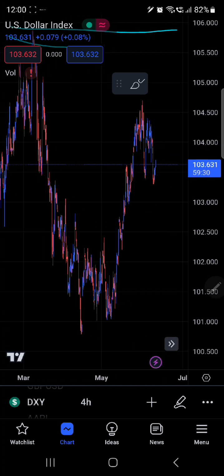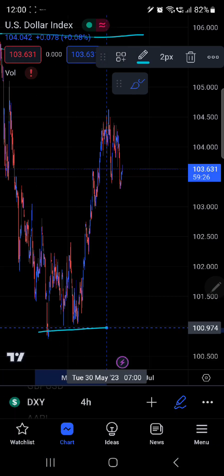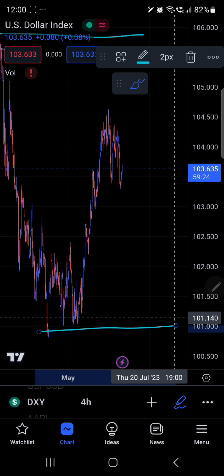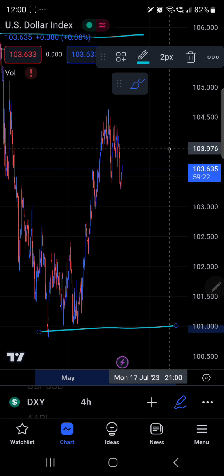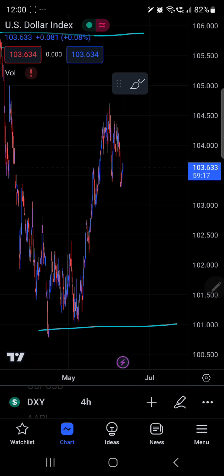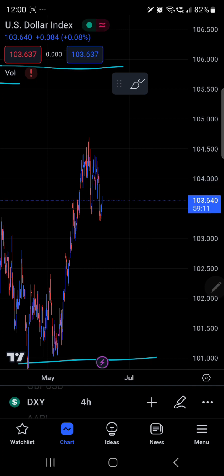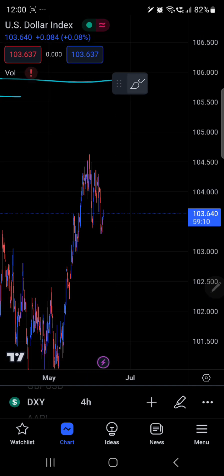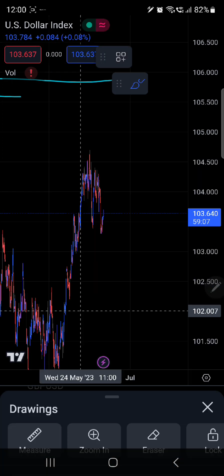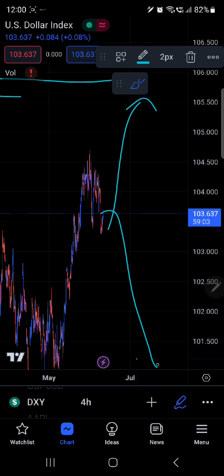This is the nearest support. So guys, it is only 50-50. It's in the middle, not like dead center or anything like that. It can go up, or the movement can be like this or like this.